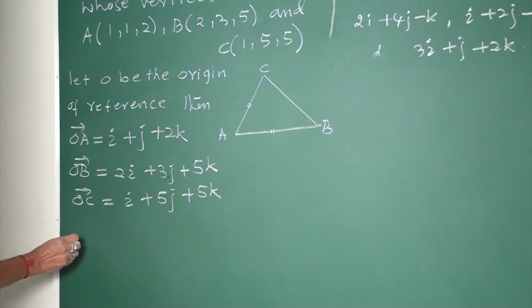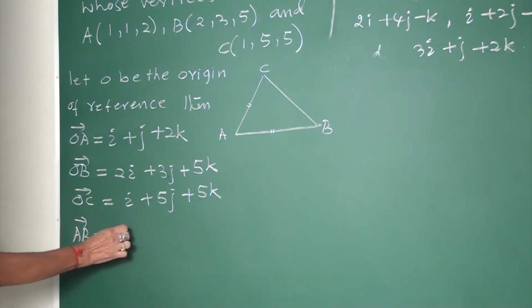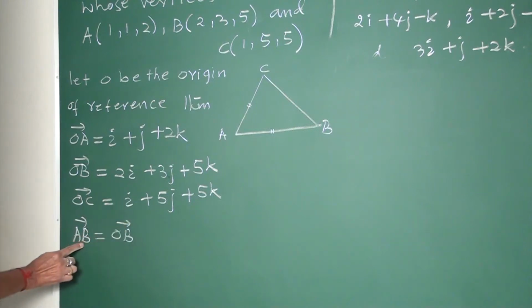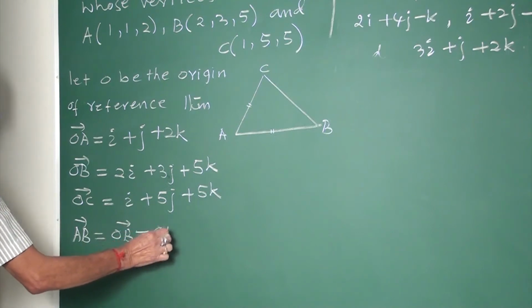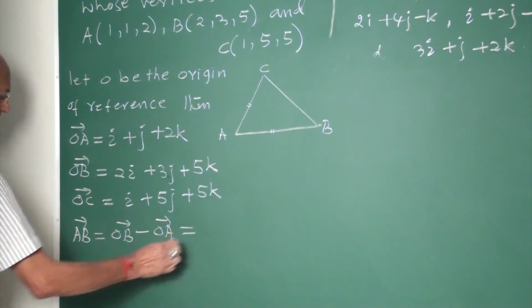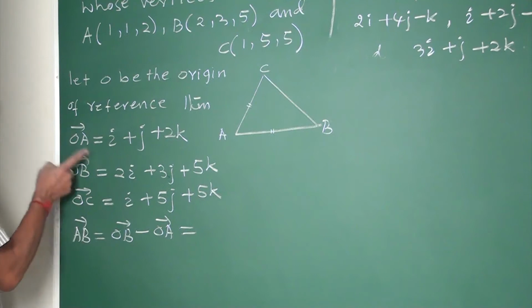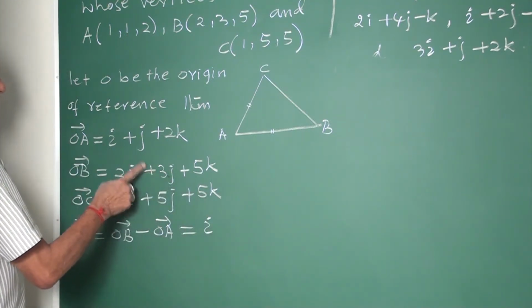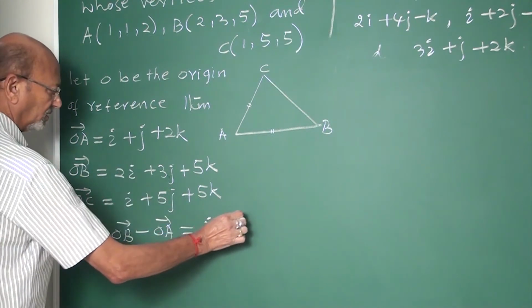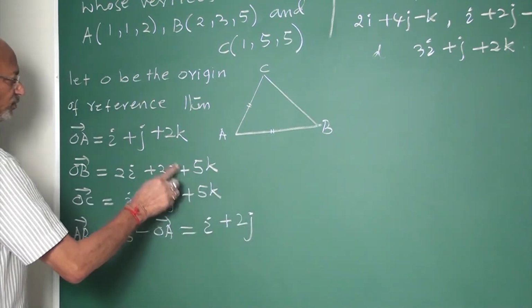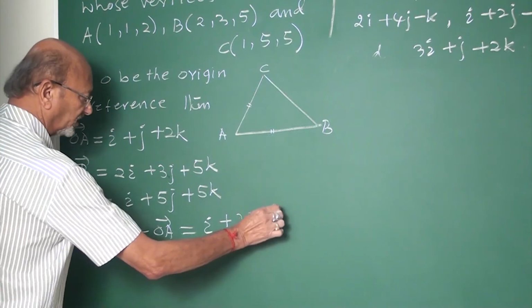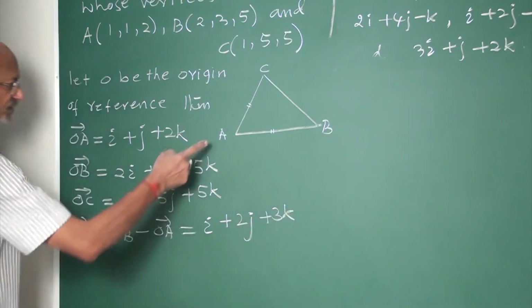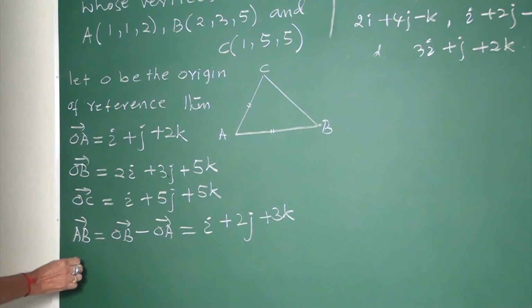Next, vector AB, which by the result is position vector of the second point minus position vector of the first point, OB minus OA: 2i minus i, 3j minus j, 5k minus 2k, plus 3k. This is vector AB. Next, vector AC.